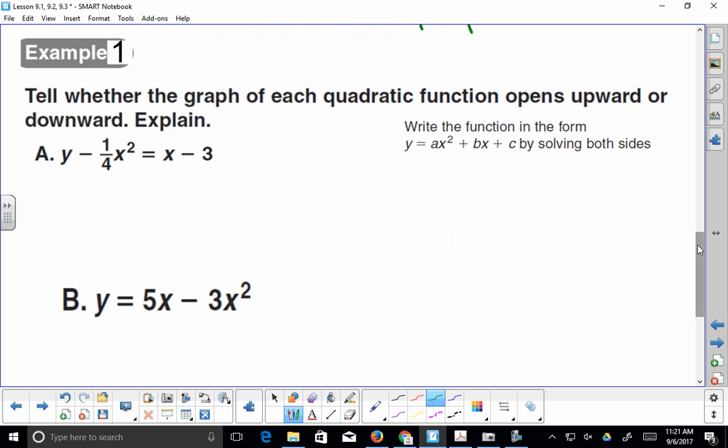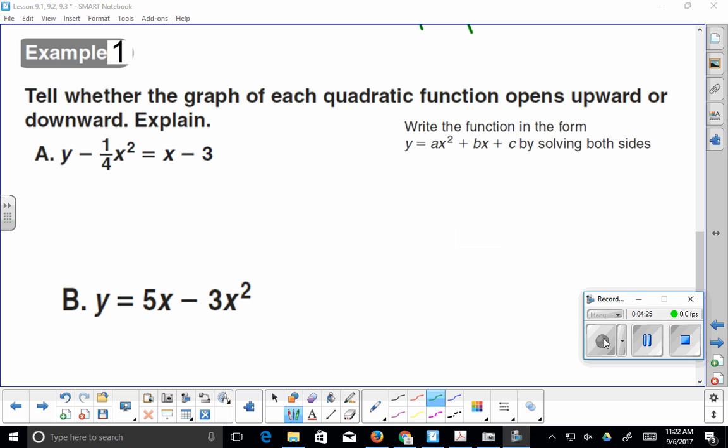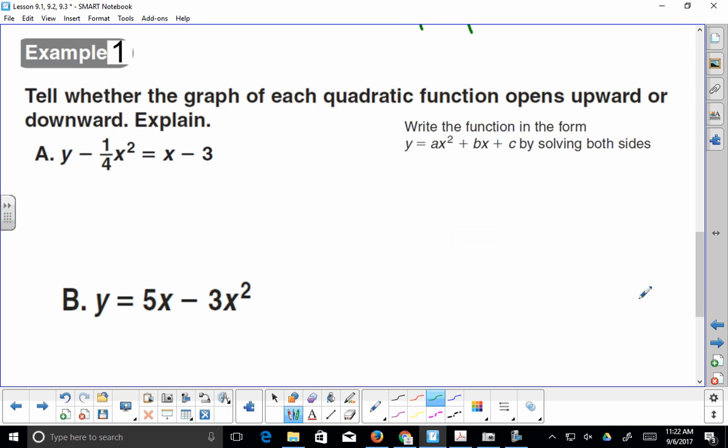So here we go. I'll give you 2 more chances on these. All right? Tell whether each graph or each quadratic function opens upward or downward. All right? Upward or down. Okay, so when you are doing these, make sure that it's in the form y equals ax squared plus bx plus c before you determine whether it opens up or down.